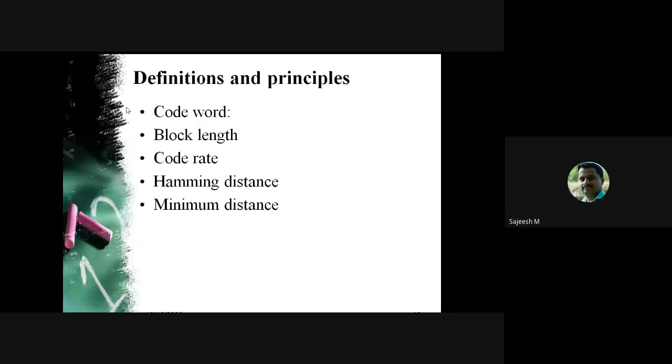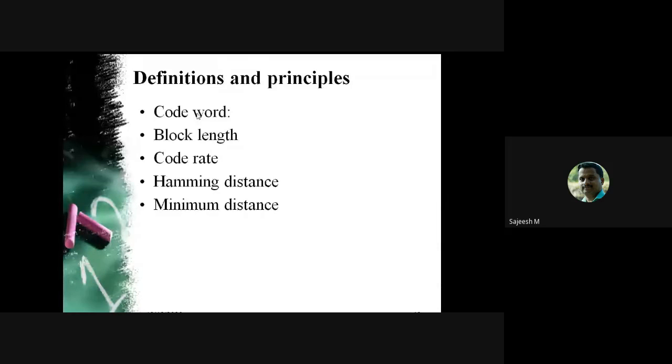Here we are moving to some definitions, which are a part of linear block code and convolutional code. In the next class we are going to discuss linear block code. A code word is nothing but a block of n bits.